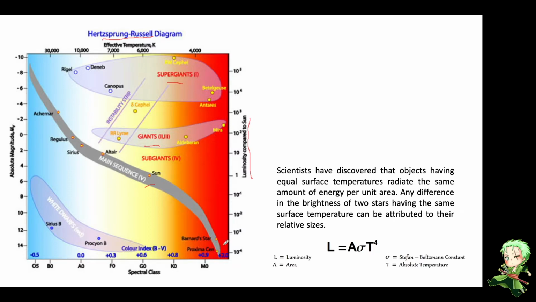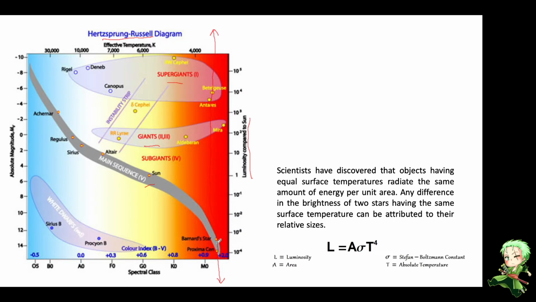For example, when you look at Proxima Centauri and Betelgeuse, they almost lie on the same vertical line. That means when we look at the temperature of Proxima Centauri and Betelgeuse, you see that they roughly have, or probably not the same, but also low temperature because they lie here on the same vertical axis.